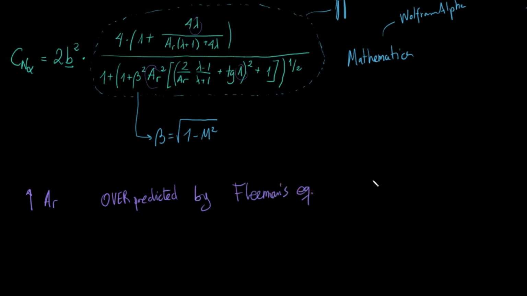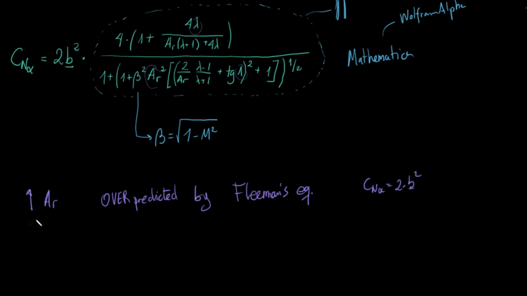Fleeman's equation is Cn alpha equals 2 times specific span squared. He never presents it like this, but if you massage the equations a bit, you can arrive here with his equations. It's a much nicer way to present it.